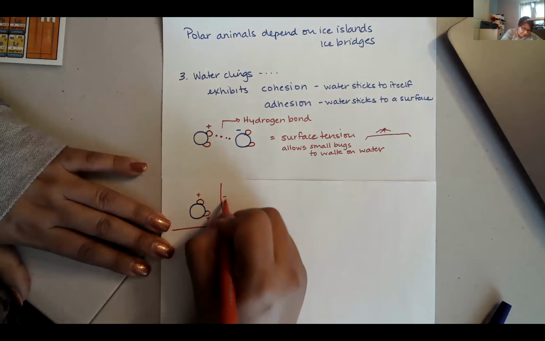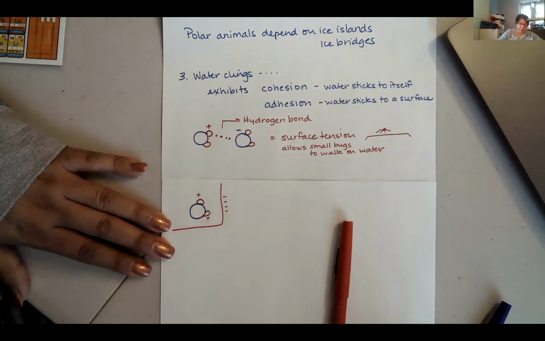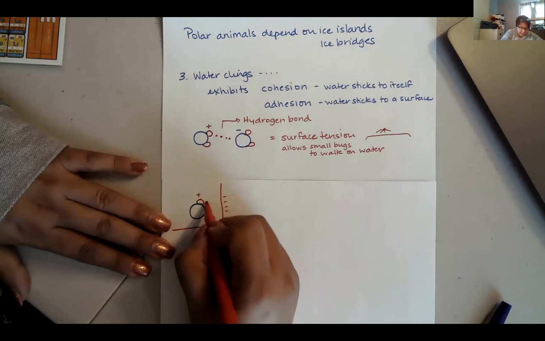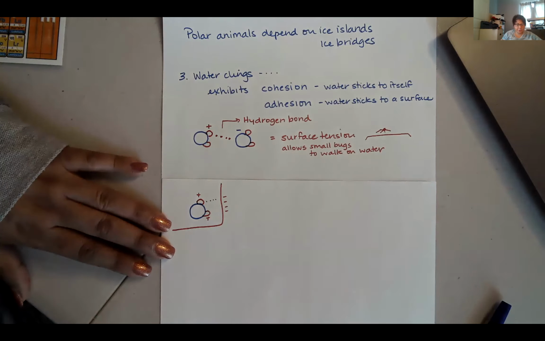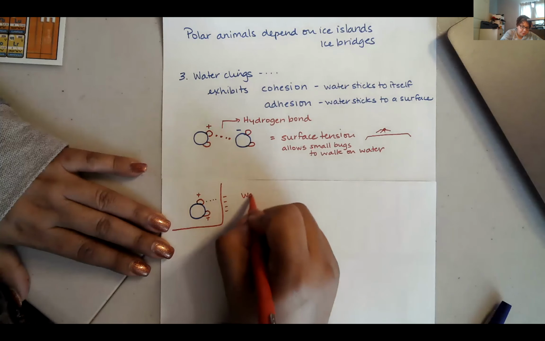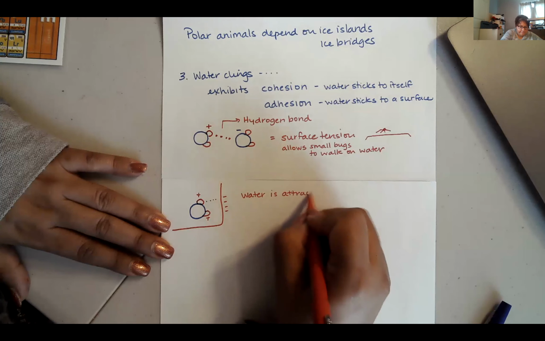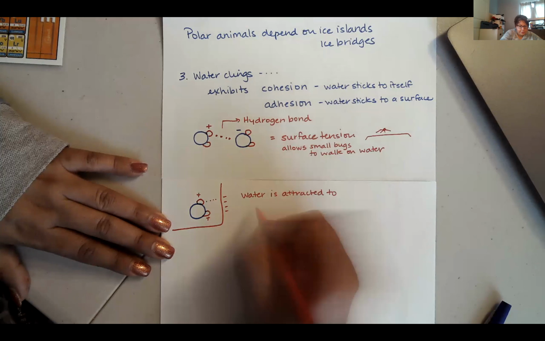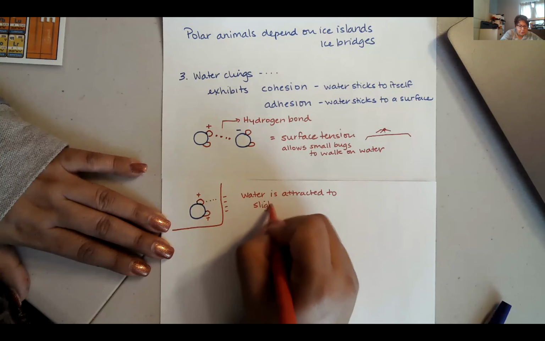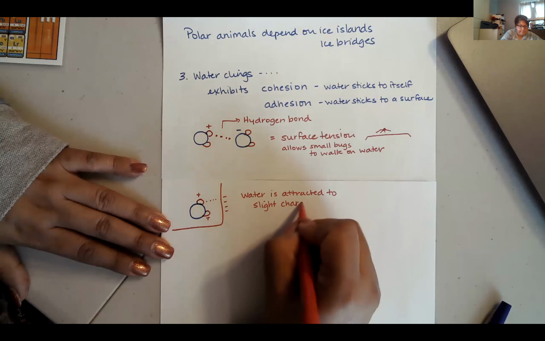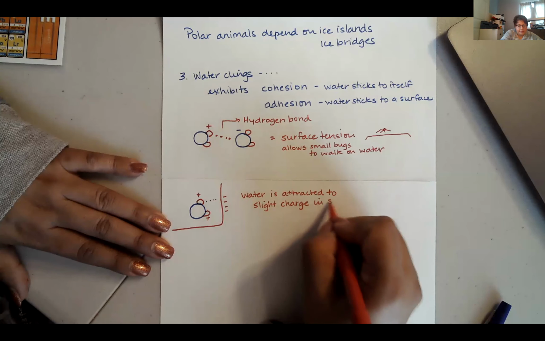If you have a negatively charged surface, the water molecule is going to be attracted to that negatively charged surface. So water is attracted to any slight charge in a surface.